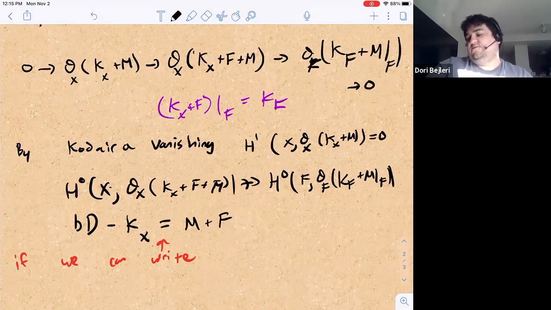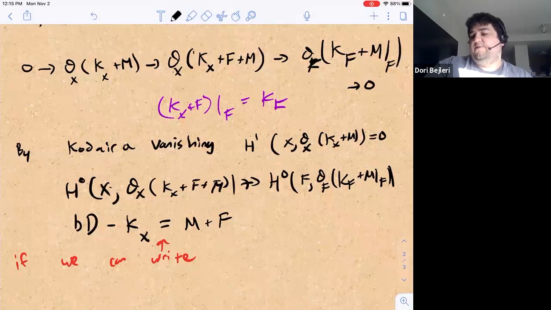And this shouldn't be too far off from the truth, because our assumption is that BD minus KX is big enough. So it's going to be ample plus effective, but maybe things aren't Cartier.